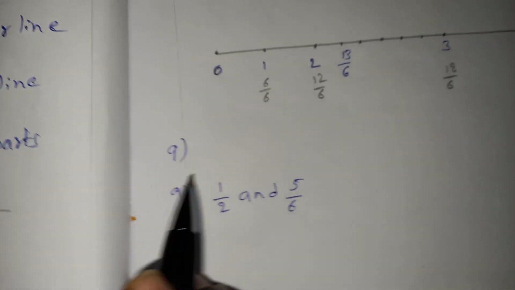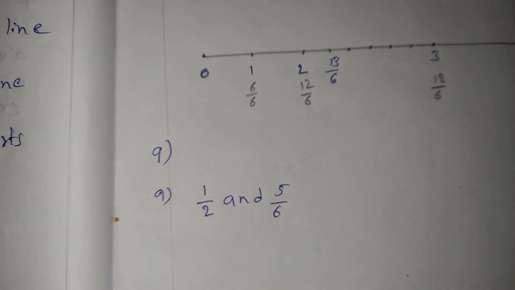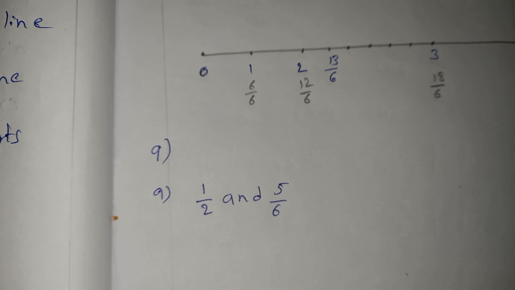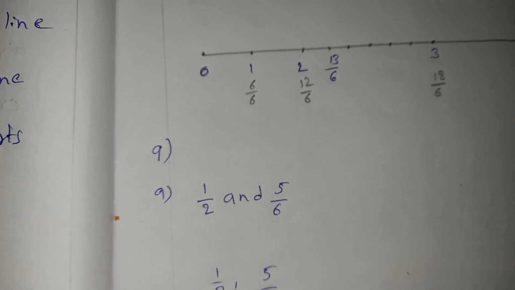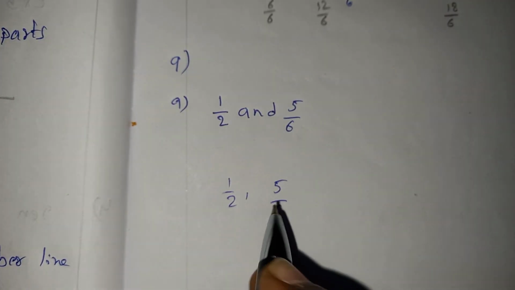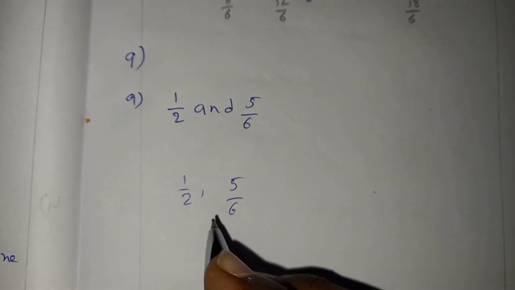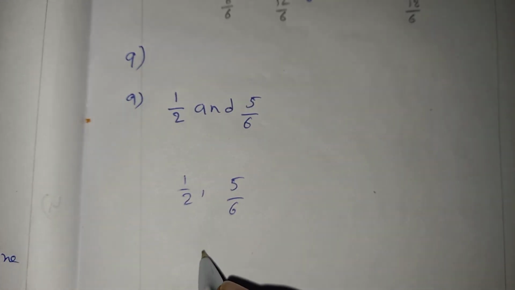So if we make the denominator the same, we can write the in-between numbers. Okay, let us make these two denominators the same. One is 1 by 2 and the other one is 5 by 6. To make the denominator the same, we have to multiply with the LCM value. LCM of 2 and 6 is 6 only.